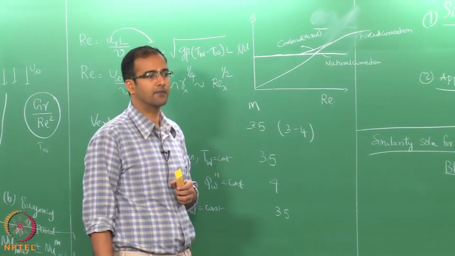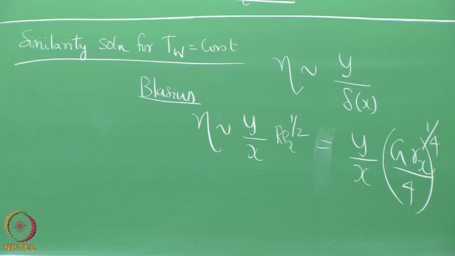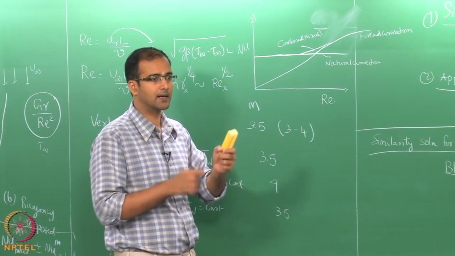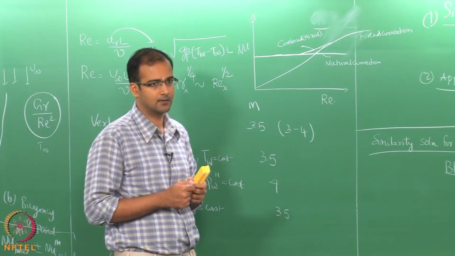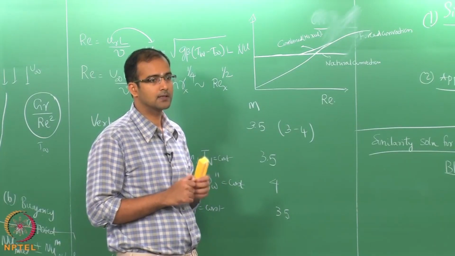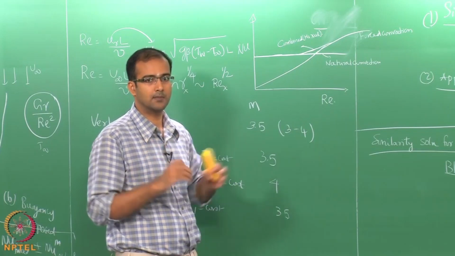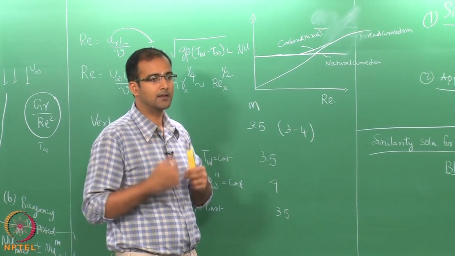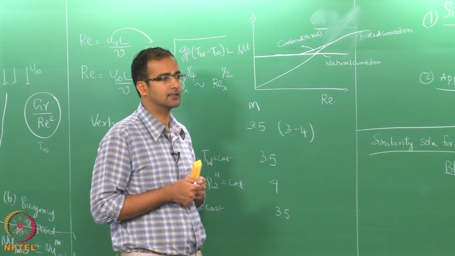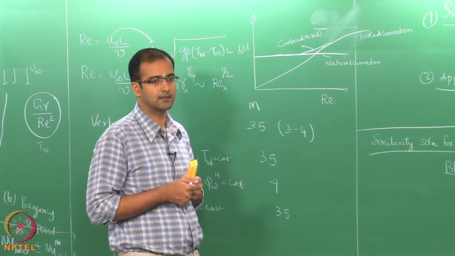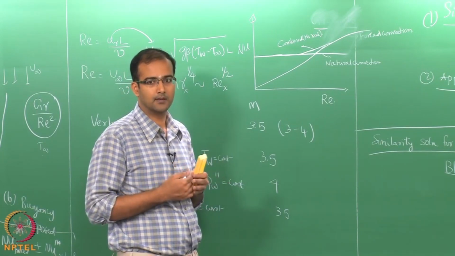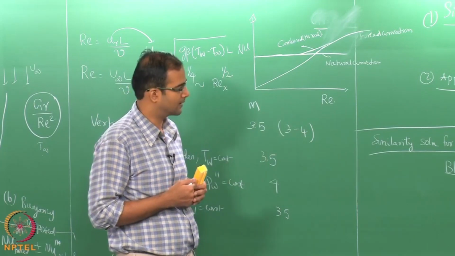This should not affect the final solution for say skin friction coefficient or Nusselt number, because everything will get adjusted in the end. Even if you do not do this, you might get different constants in the similarity equation, but finally when you calculate the CF and Nusselt number, they will get scaled proportionally by this constant, right.